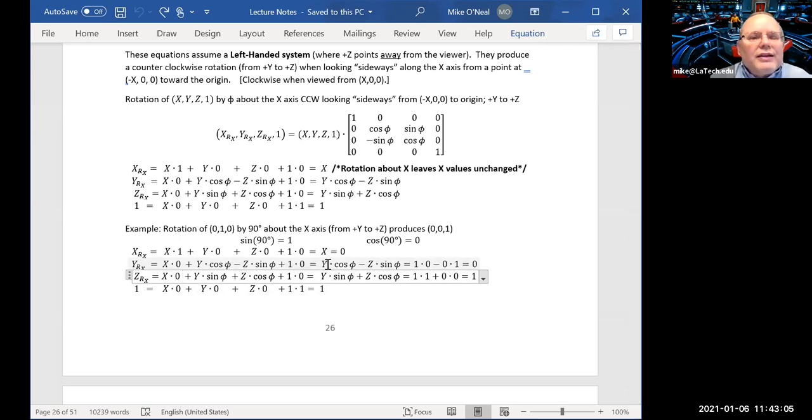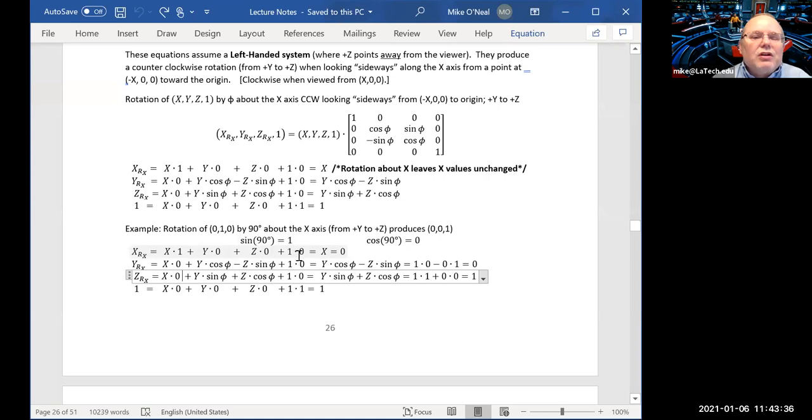What I'm really doing here is the x, the y, and the z in this equation is the 0, 1, 0. That's where they plug in, and that's why you get a 0 here, because 0 times 1 is 0, 1 times 0 is 0, and 0 times z is 0, right?